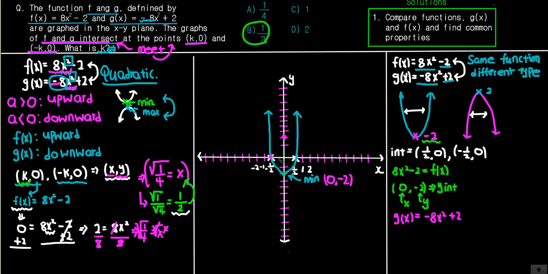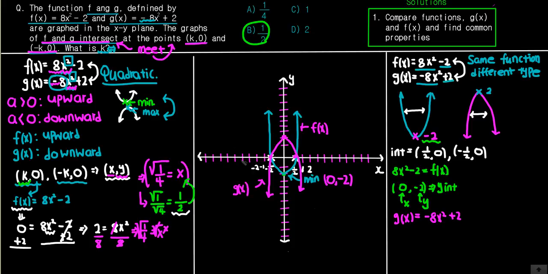It also passes through the intersecting points, so it is going to look something like this, passing through our points and satisfying our graph. Our function is g of x equals negative 8x squared plus 2. Our first graph is the f of x graph and our second graph is the g of x graph.